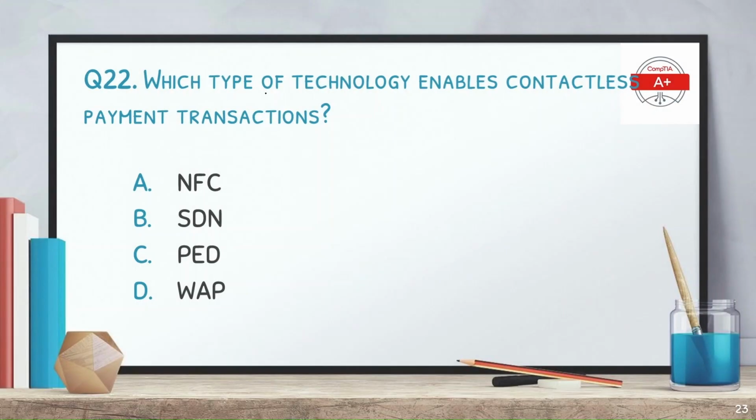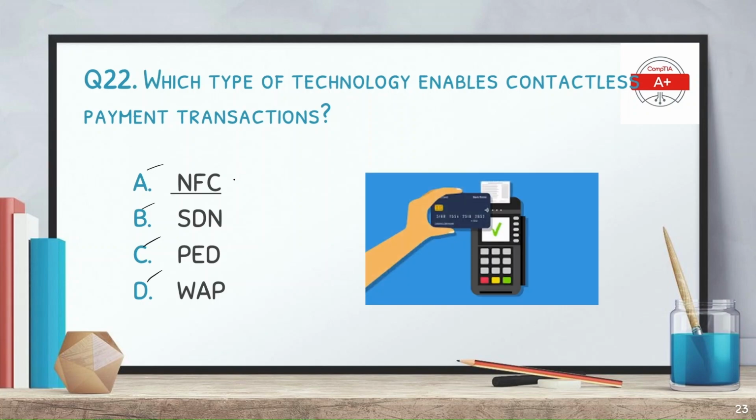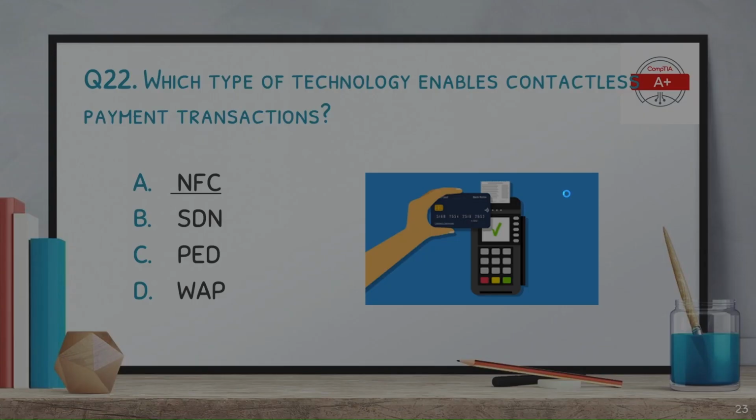Question number 22 is that which type of technology enables contactless payment transaction? And the options are A, NFC, B, SDN, C, PAD, and D, WAP. And the correct option is again the NFC. Here you can see that if your card supports NFC, it has an NFC chip, then you can use it without inserting it into the device to do the payment.